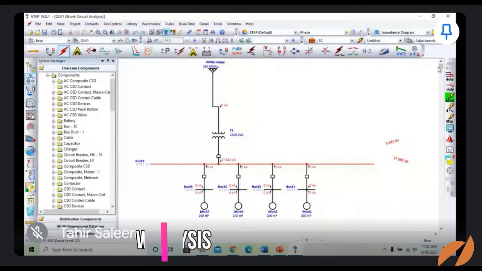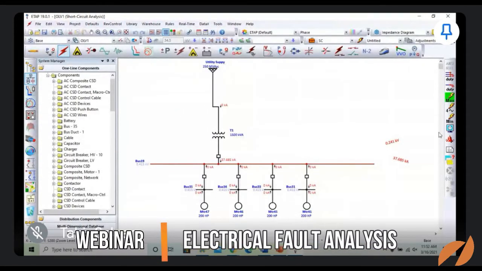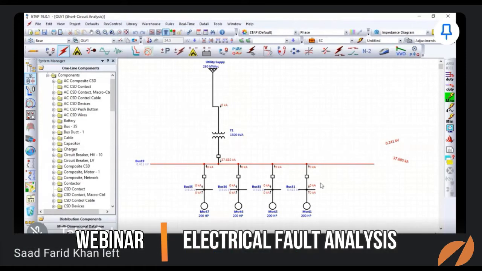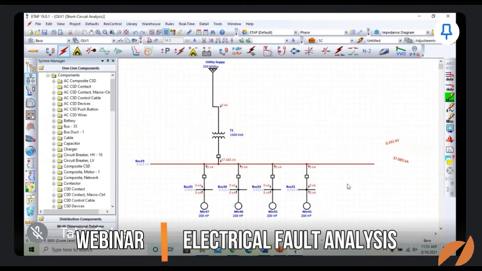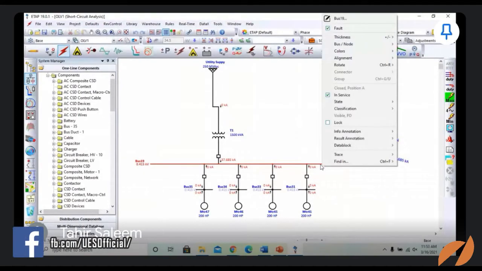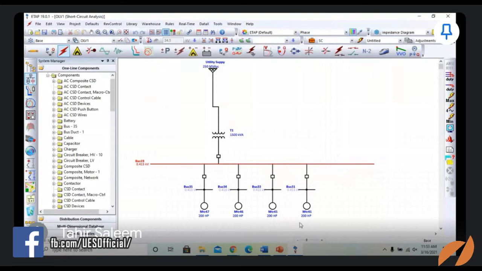Now let me take another short example, and then you can try by yourself how to change the different options. You can see where the fault is, and you can generate or inject it. First you have to remove the fault from this bus.